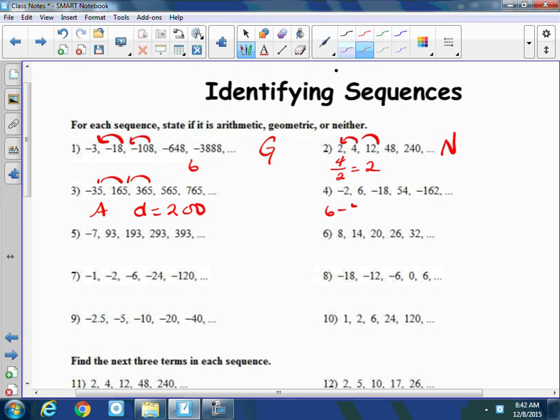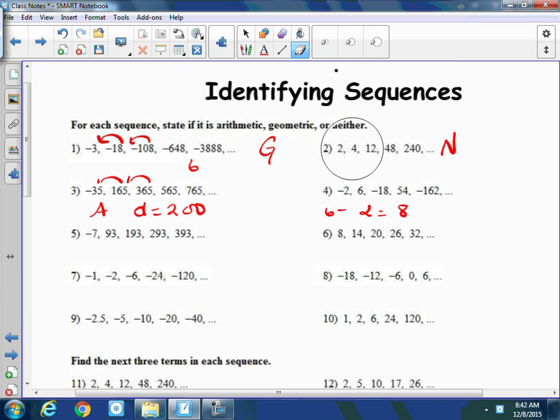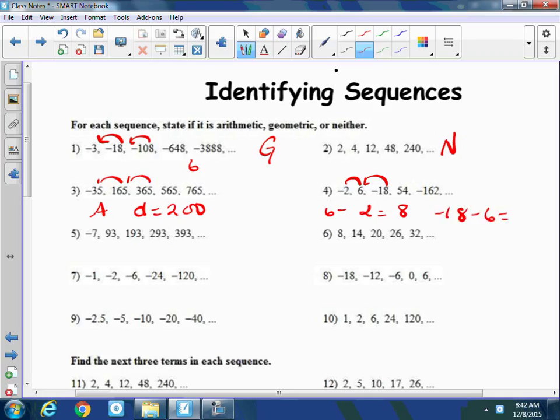So 6 minus negative 2 will be 8. So we found the difference between the first 2. But now I have to find the difference between the third and second. So negative 18 minus 6? What is that? So it's definitely not arithmetic.